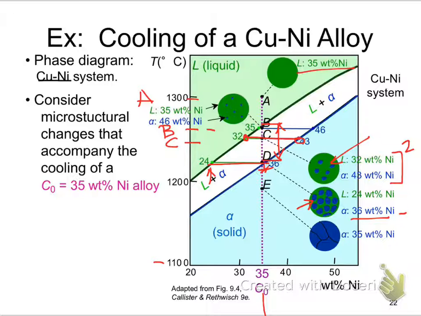Then once you move down into point E, you've hit 100% solid. It's all at equilibrium with a one-phase system, and we know that we are back at 35% nickel by weight.